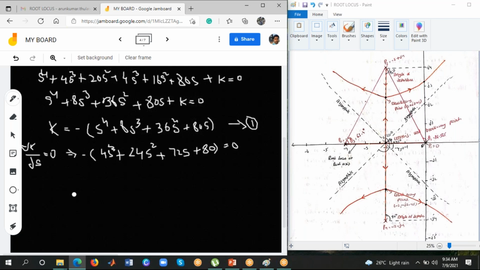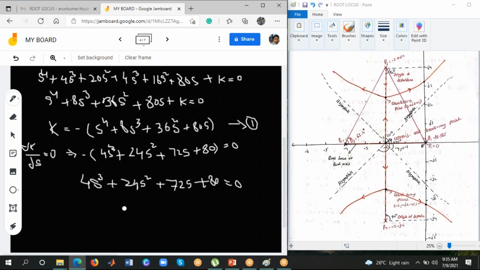So now we can write 4s cubed plus 24s square plus 72s plus 80. This is the equation we got for dK by ds.